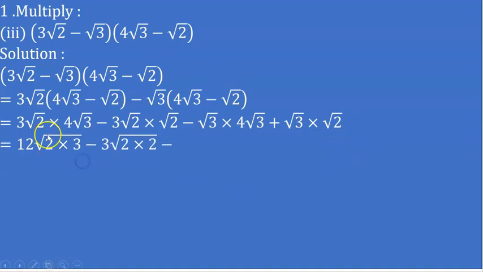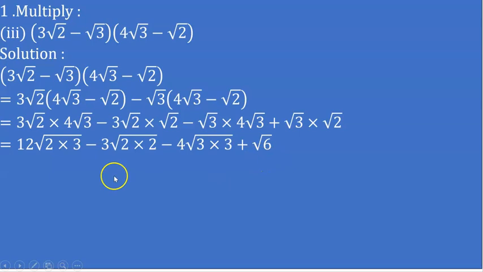Next multiplication, 3 into 4 is 12, root 2 into root 3, that is the root of 2 into 3. Next 3 into root 2 into root 2, that is the root of 2 into 2, minus 4 into root 3 into root 3, that is the root of 3 into 3, plus next root 3 into root 2, that is the root of 3 into 2.